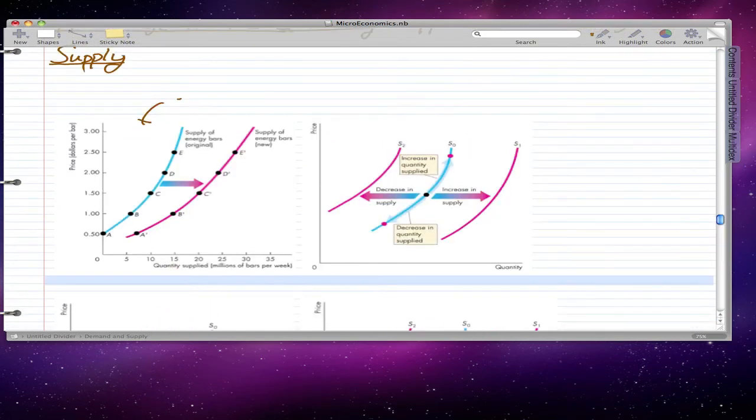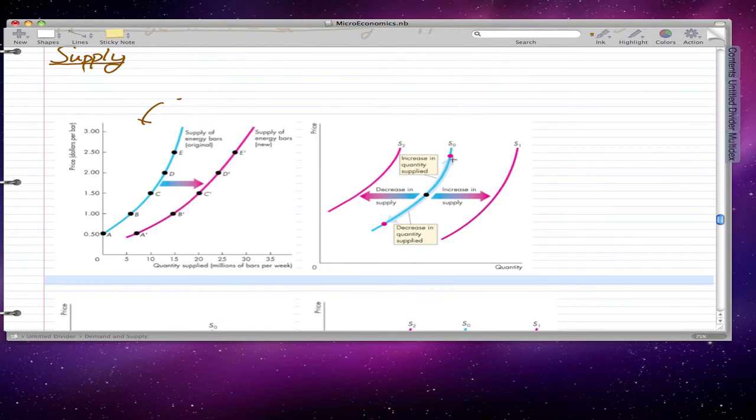Now, this graph on the right shows the increase and decrease in supply, and you can see that these graphs, that I stole from Parkin and Bade, say that if price changes, we will have a movement along the supply curve.